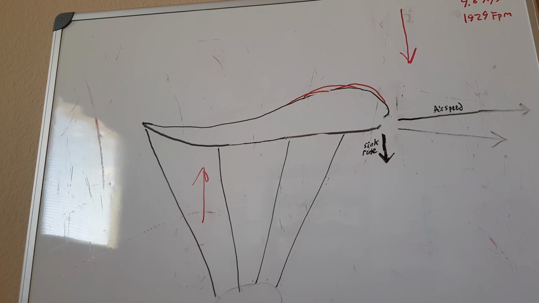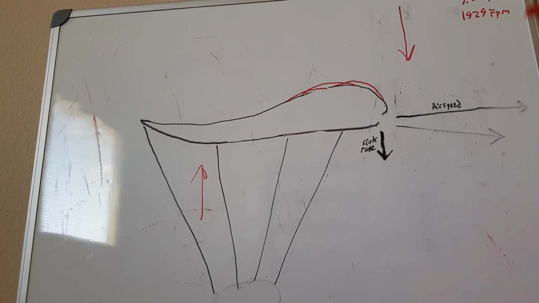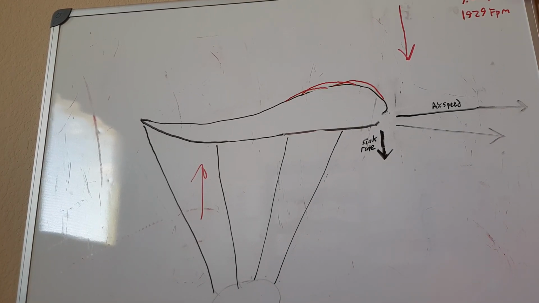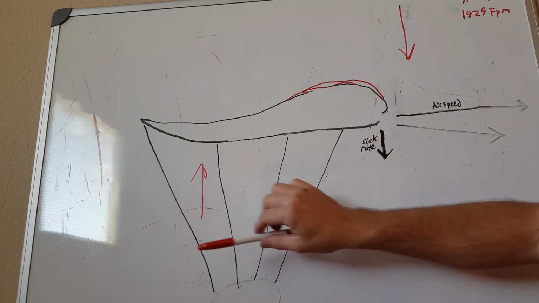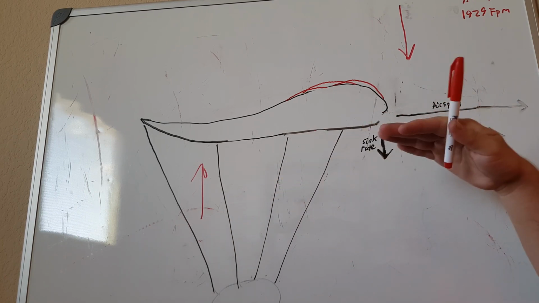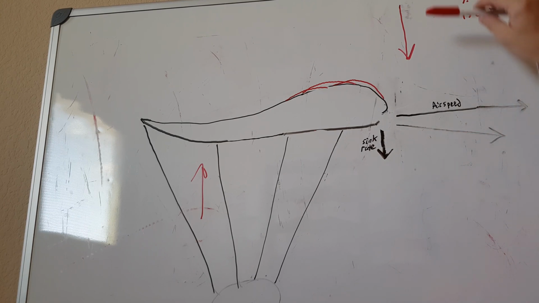So I looked up the numbers really quick. In free fall you accelerate at a rate of 9.8 meters per second squared, which equals about 1,929 feet per minute. So in my opinion, to collapse a reflex wing, you would have to fly from normal air through a transition period of sink where air is accelerating downwards at a rate of around 1,900 feet per minute.